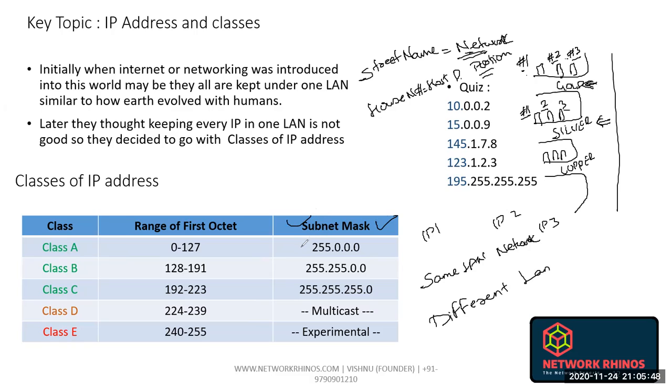And there are some default SM masks for class A, B, C. For class A, default SM mask is 255.0.0.0. For class B, it is 255.255.0.0. For class C, it is 255.255.255.0.